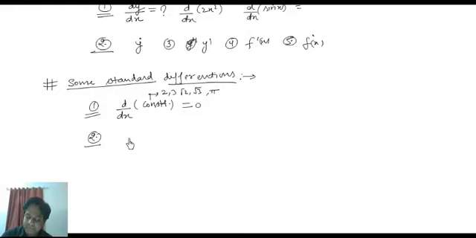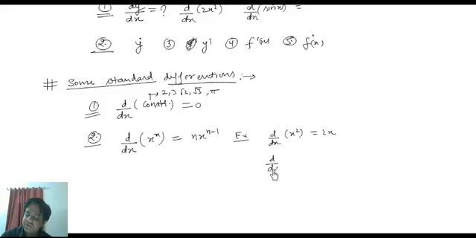Second, d by dx, that is differentiation. It is read as d by dx. We can't just cancel out these d and d. You should not do that. Differentiation of x to the power n will be n x to the power n minus 1. For example, if I differentiate x square, I'll get 2x.